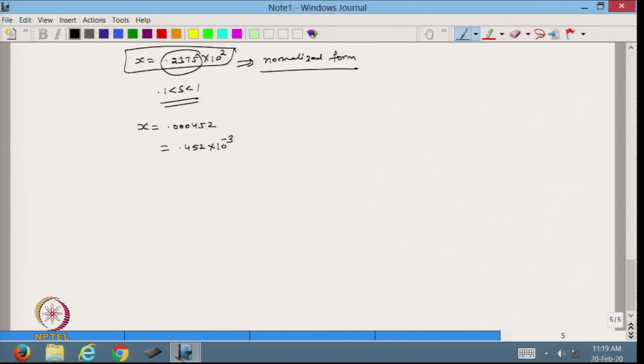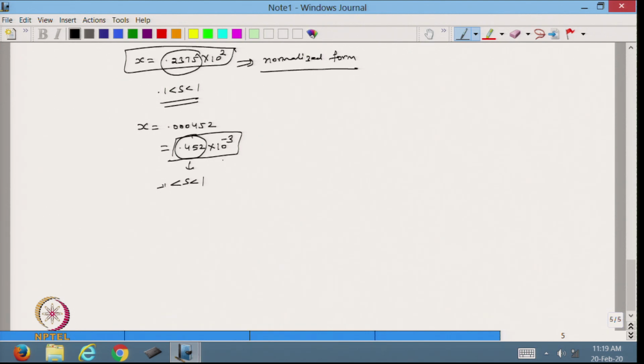So, I have to multiply by 10 raised to power minus 3. That is the normalized form of this number. In this case my s lies between 0.1 and 1, and this is the exponential we have.